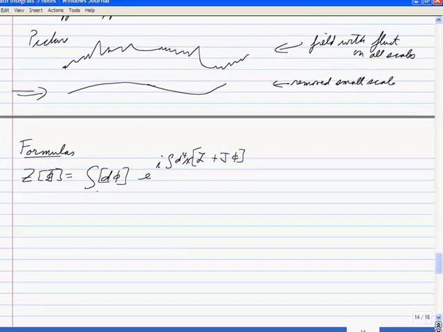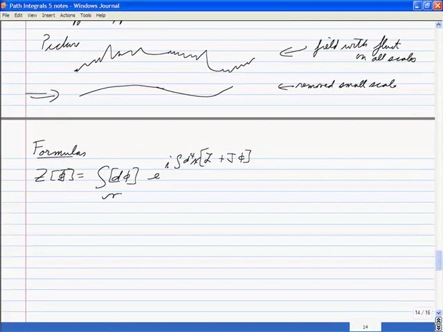The trick is to break this up into d phi with momentum less than lambda and d phi with momentum greater than lambda.